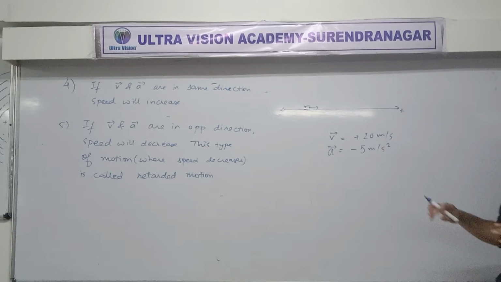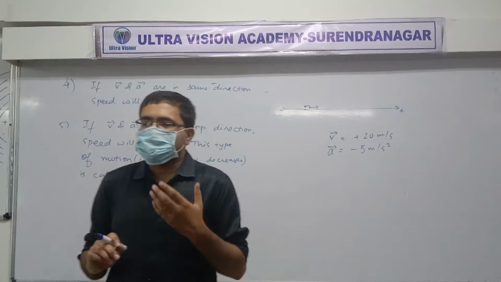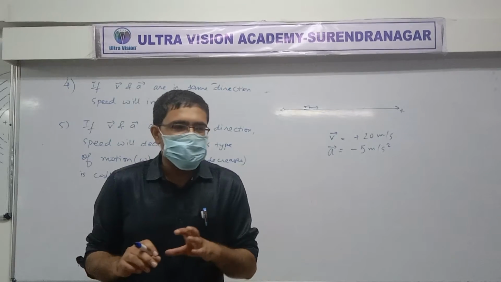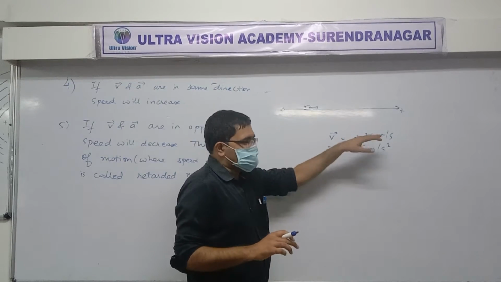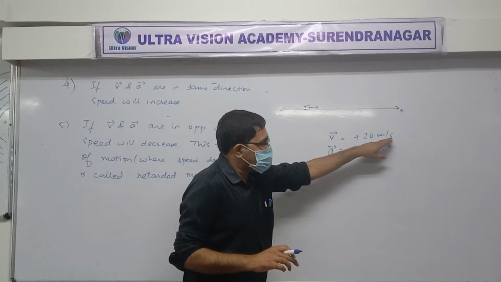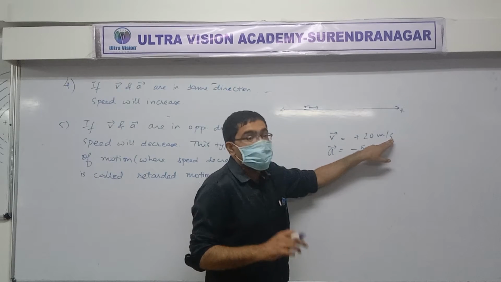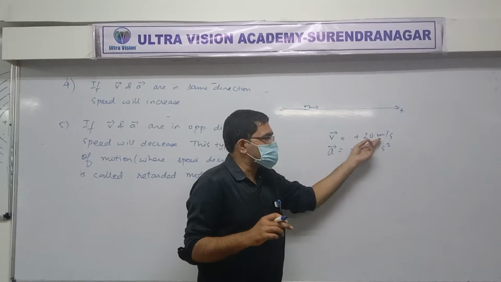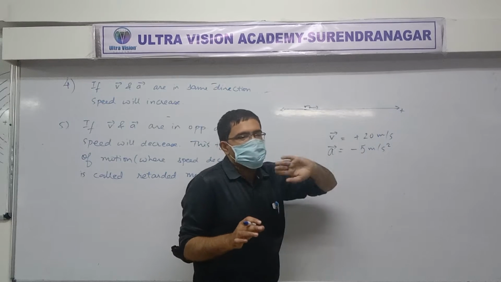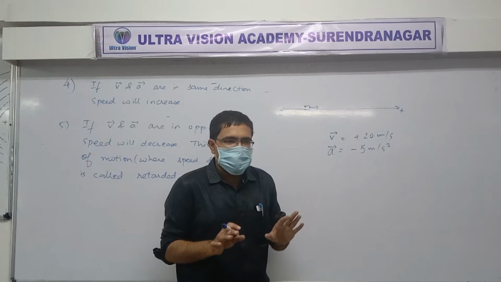The simple meaning of velocity is that in 1 second, how much is the displacement? That is 20 meters. So in 1 second it is going to move 20 meters. That is what velocity means in a very simple manner.